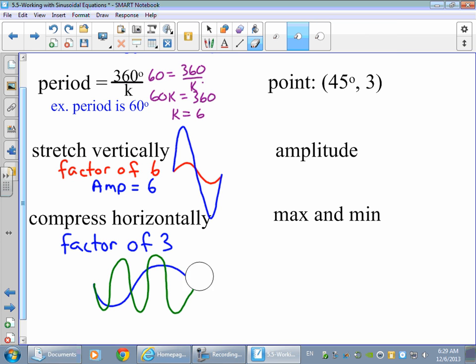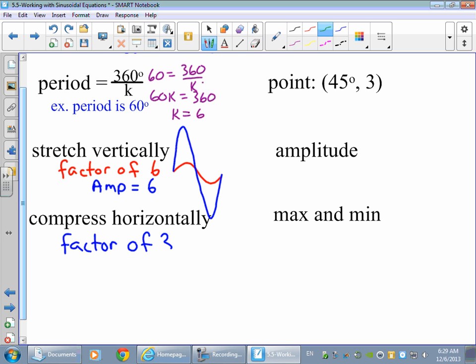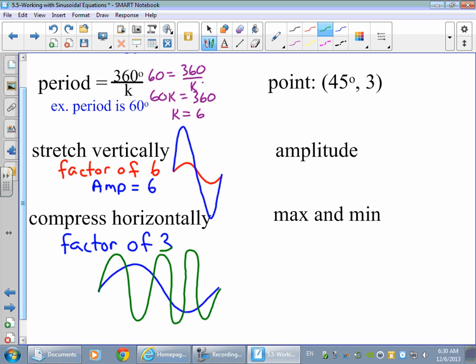So if this is my original sine curve, compressed horizontally by a factor of 3, means that I'm going to get 3 full curves in that same, there you go, beautiful, same 360 degree range.